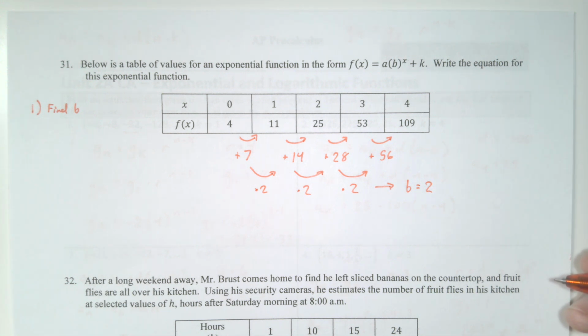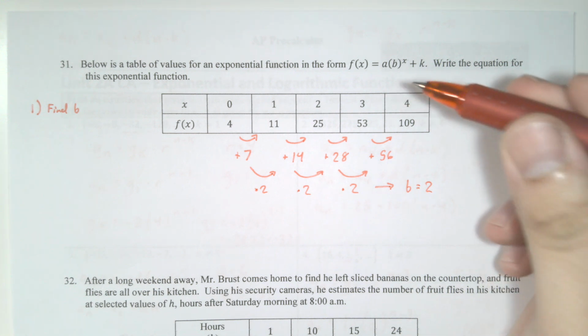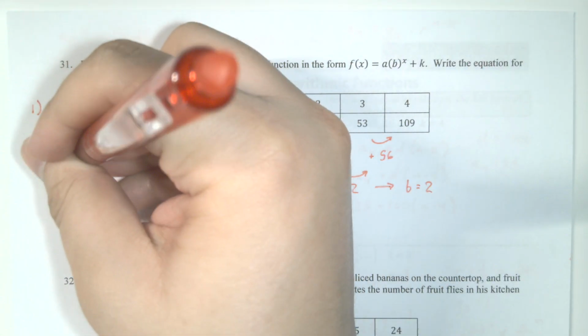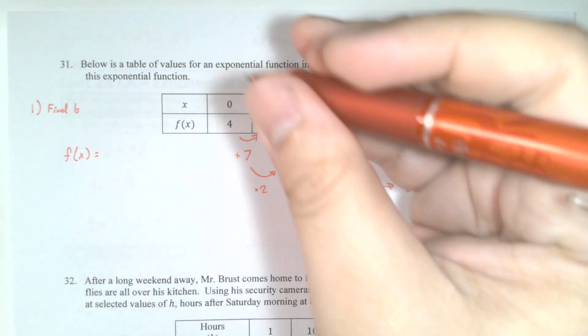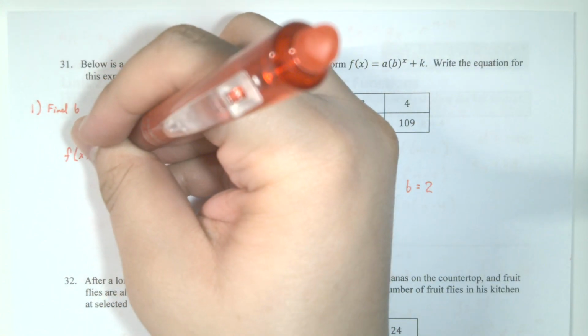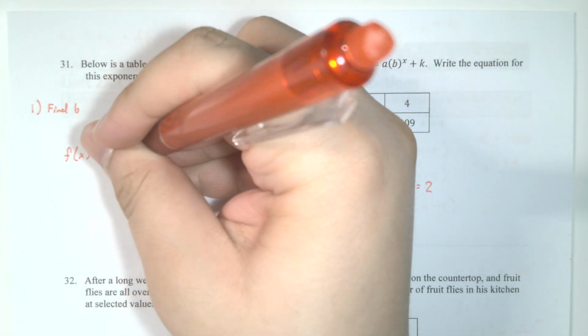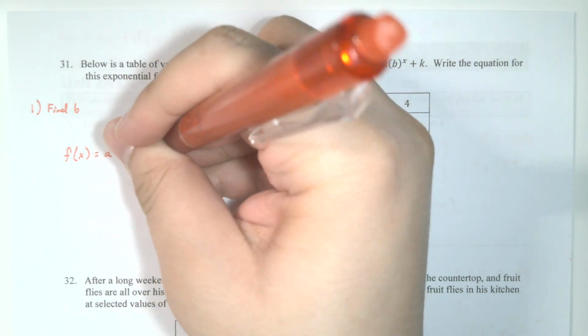And now that we know that b is equal to 2, we can plug this back into this function, because we know that f of x now has to be in the form of a times 2 to the power of x plus k.